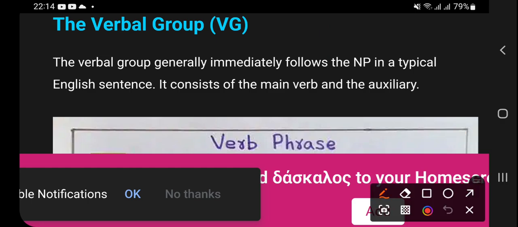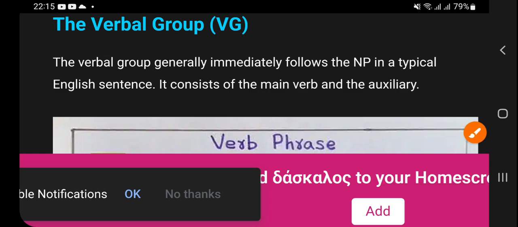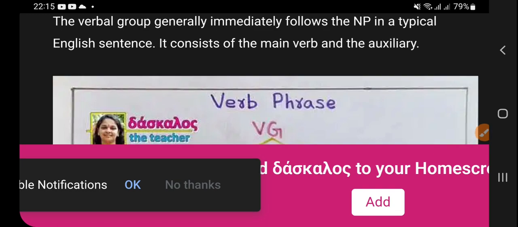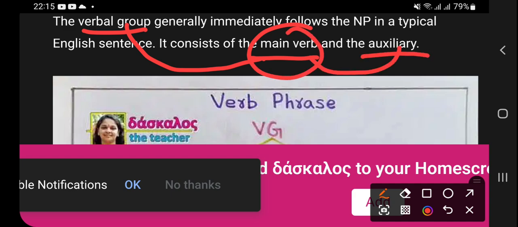Verbal group means a number of verbs, helping verbs and the main verb, followed by a noun phrase in a typical English sentence. Please take care. Now, it consists of the main verb and auxiliary. Auxiliaries means helping verbs.